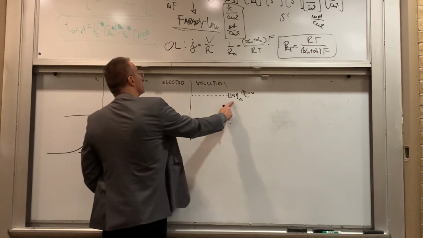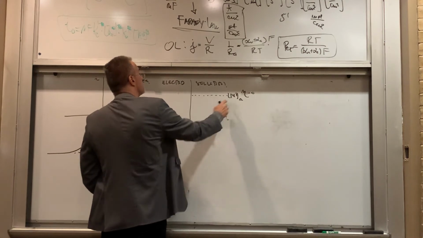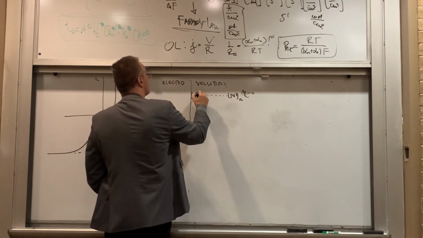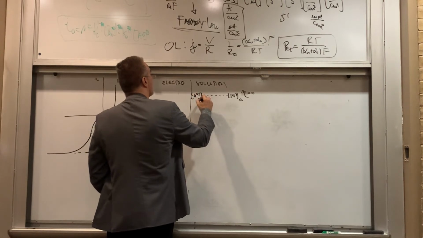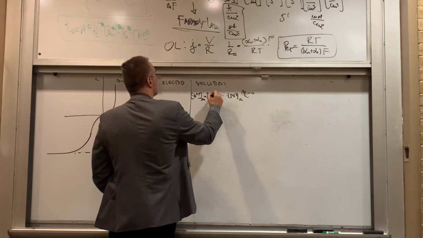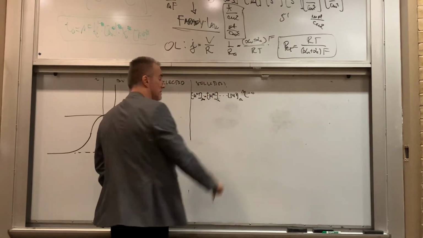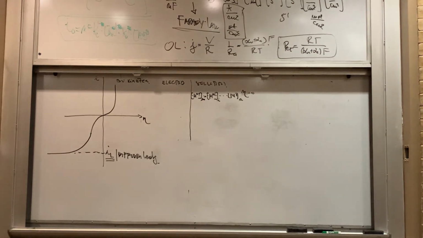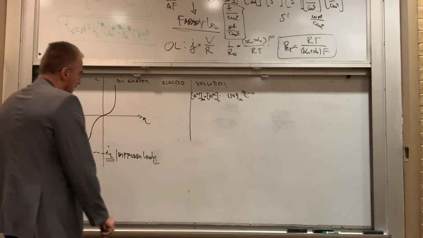The concentration that you have in the bulk is pretty much here at the interface, right next to the surface.